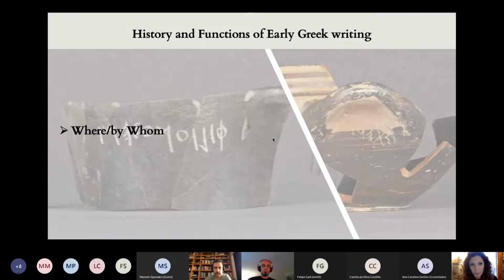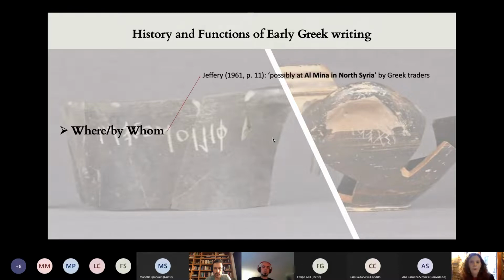So the where, of course, implies by whom. It is another very debated question, because the first thought by scholars about the where was that if this alphabet was taken from the Phoenicians, the place should be somewhere between the Phoenician environment and the Greek one.